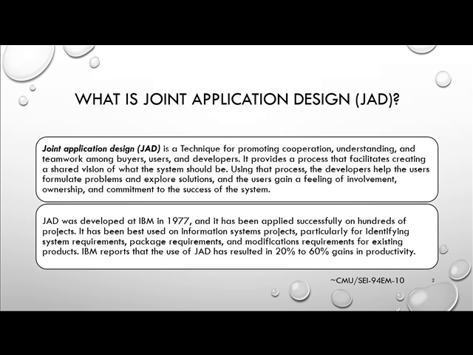It has been best used on information system projects, particularly for identifying system requirements, package requirements, and modification requirements for existing products. IBM reports that the use of joint application design has resulted in 20 to 60% gains in productivity.